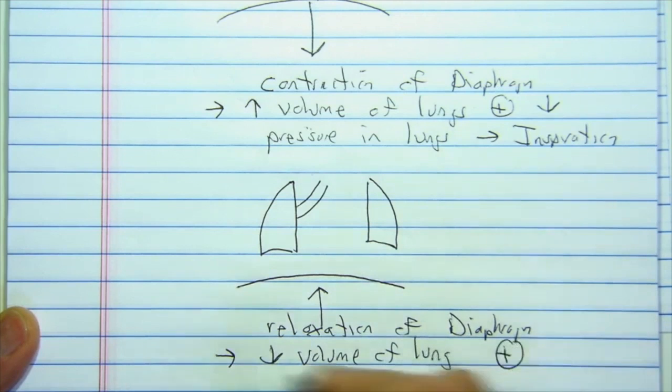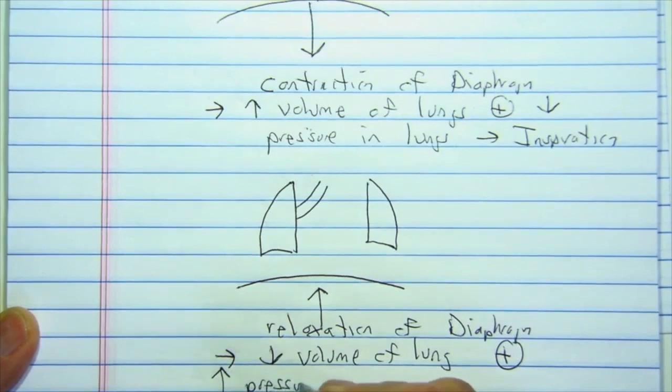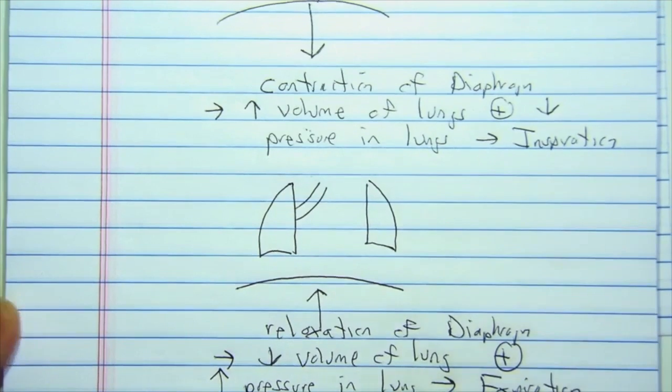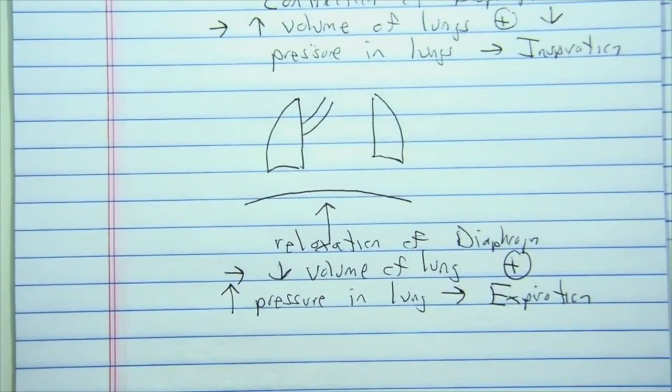It's going to cause an increase in the pressure in the lung. And that's going to lead to expiration. So now we know how air comes into the lung and comes out of the lung by using that principal muscle of respiration that is the one that we use for normal breathing or quiet breathing.